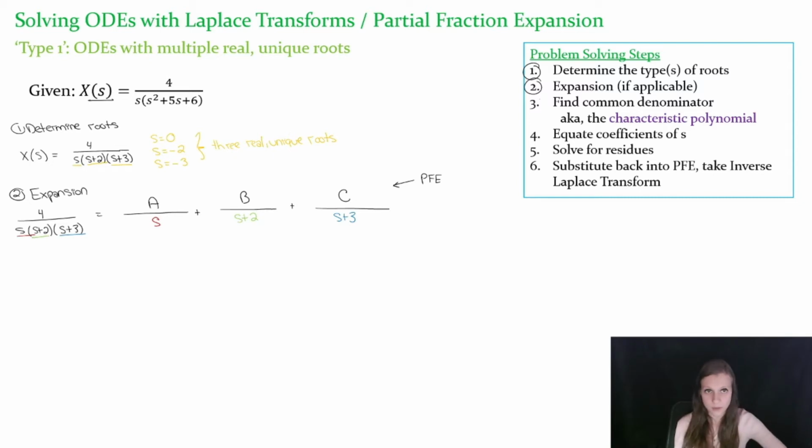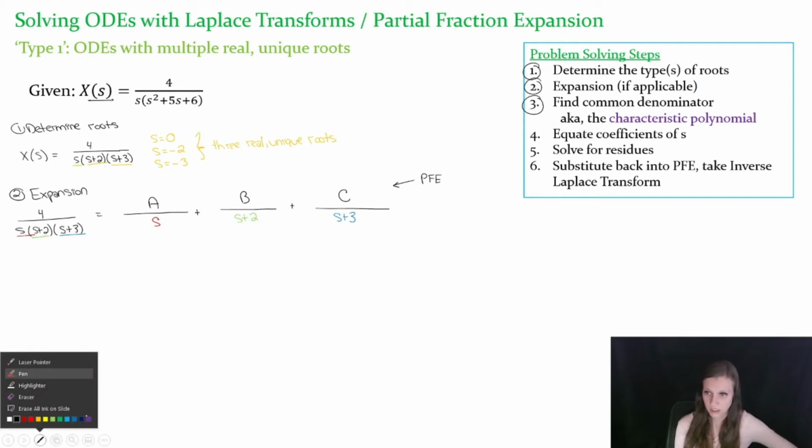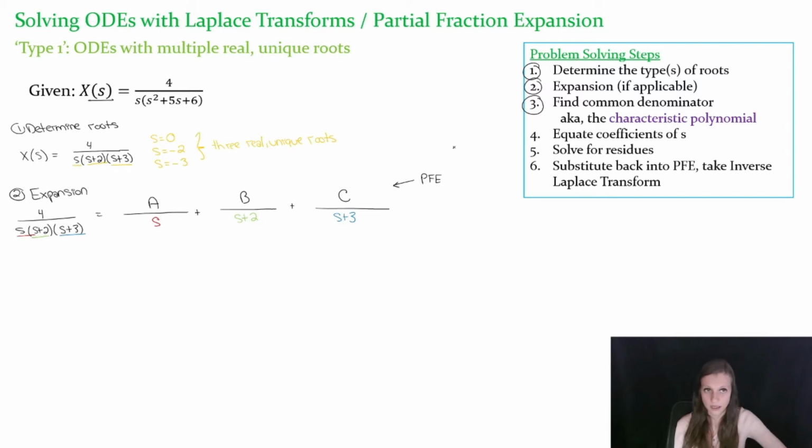Okay, so at this point we want to find a common denominator for the right-hand side. So aka the characteristic polynomial. Now this guy right here is my characteristic polynomial, which is also the same thing that we have here. So basically I want to multiply each of these three fraction terms by something over something so that the denominators are all the same.